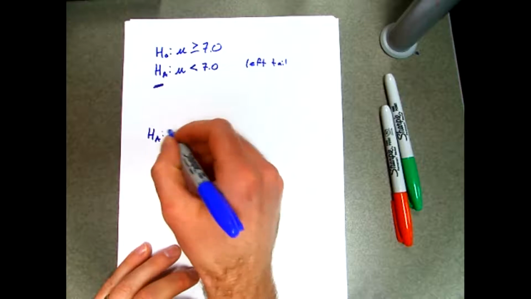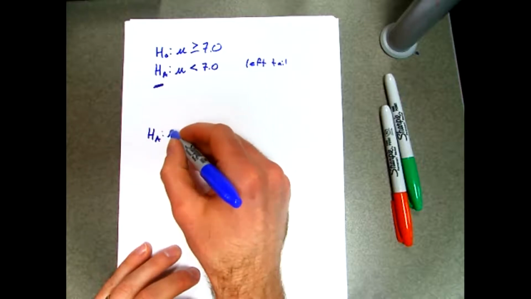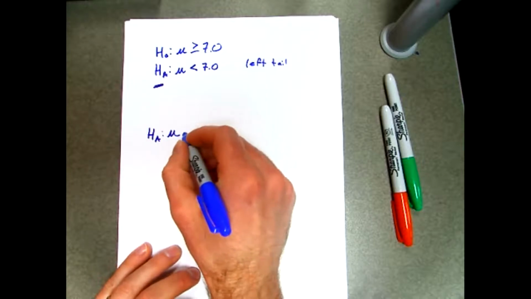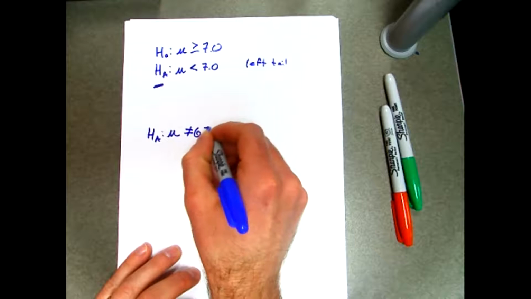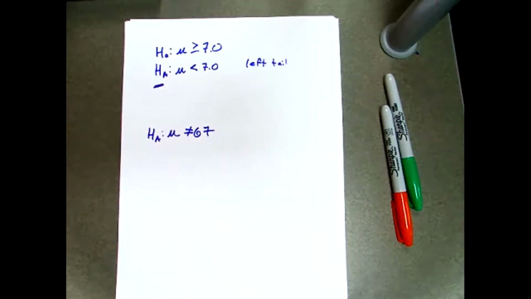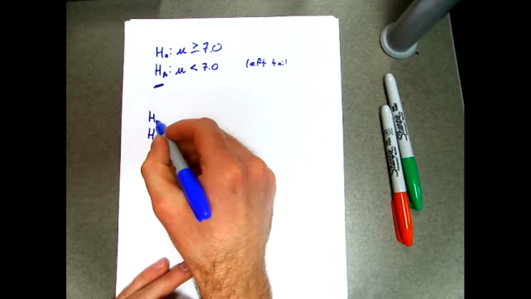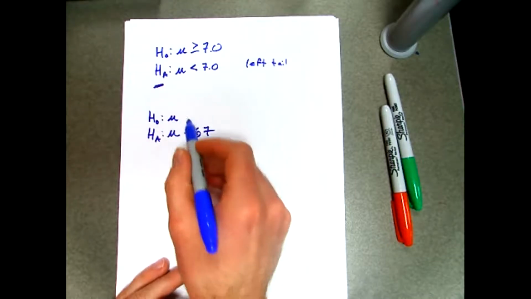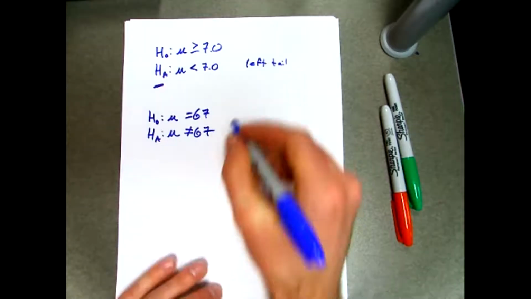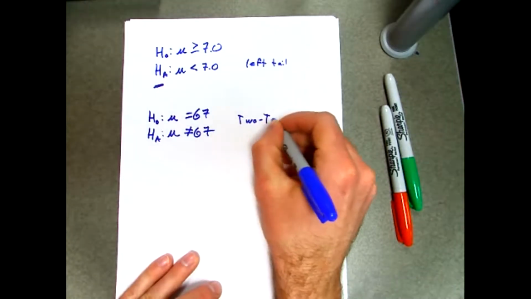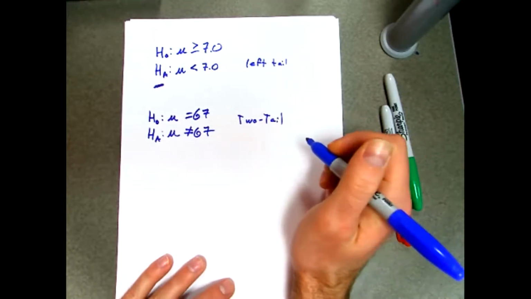If I want to test whether the population mean retirement age is different than 67, what I'm really saying is it's not equal to 67. So I'll assume the opposite is true for my null, which is that it's exactly equal to 67. Here, I'd end up with a two-tailed test.